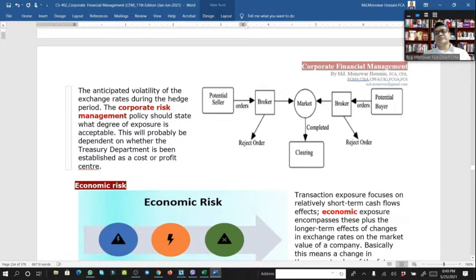So the transaction is between the brokers: the buyer taking one broker, the seller also a broker, and within the market it is completed through the clearing center. You can say that type of transaction happens in our capital market also. Within a market, here are the buyer and seller, and price depends on supply and demand.